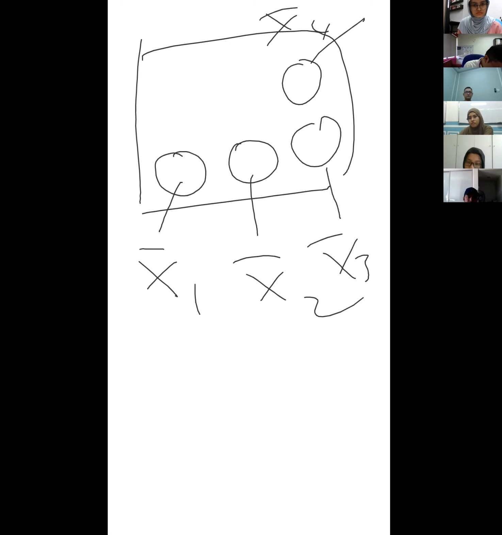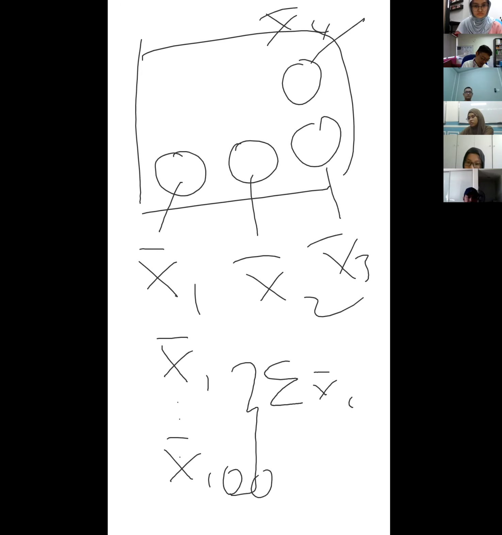So if we have 100 samples, and each one has an average, and we average out all these and divide by 100, do you think that this will be closer to the population average?